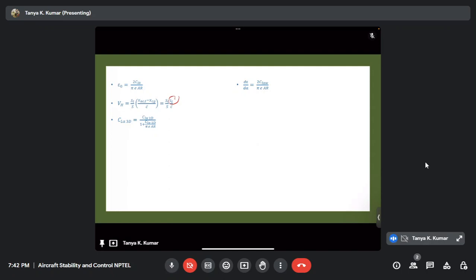Why? Can someone tell me why CL alpha 3D is not equal to CL alpha 2D? The formula is given here, so you know it's not equal, but why? Physically, can you tell me why it's not equal?